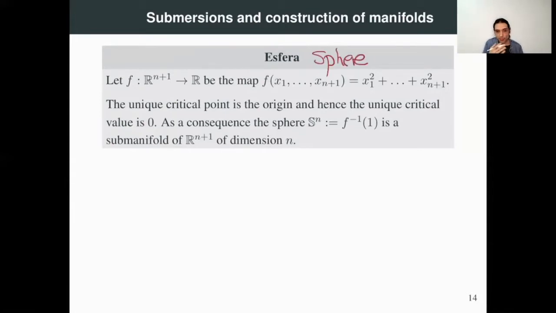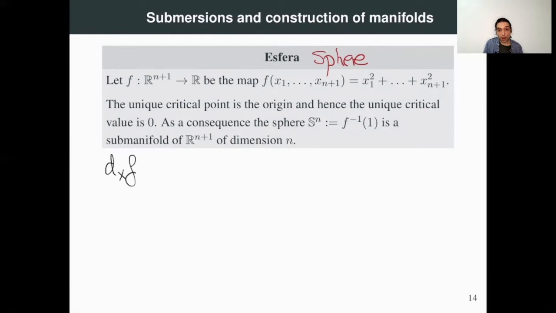Consider this map, the map from R to the n plus 1 to the line, such that the image of a vector is the square of the distance to the origin. This map is polynomial, it's infinitely differentiable, and of course real analytic. We want to calculate the critical points, so we can consider the differential of f at a point.